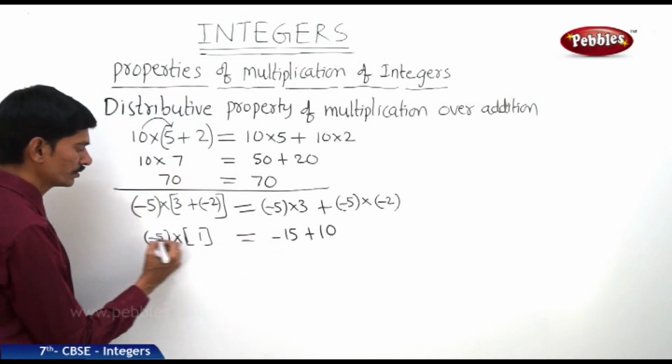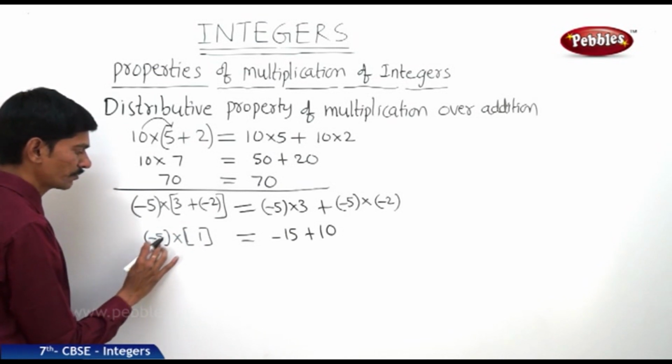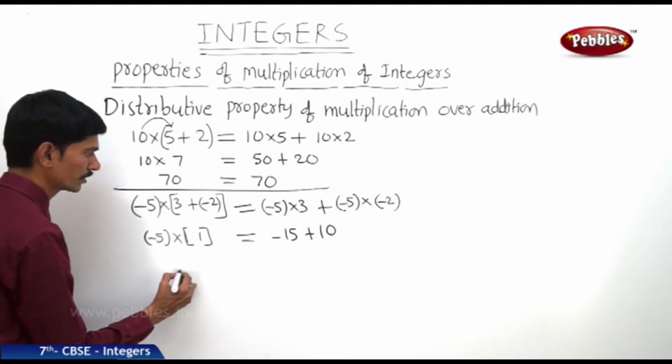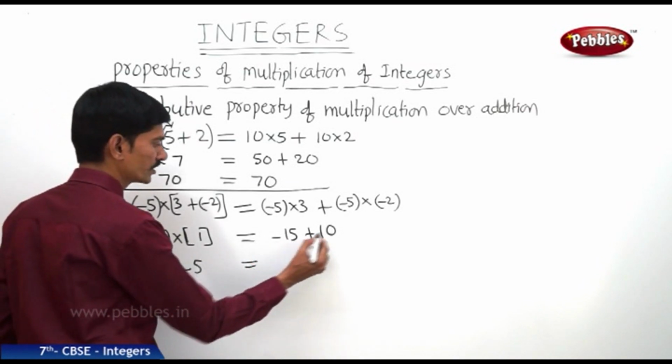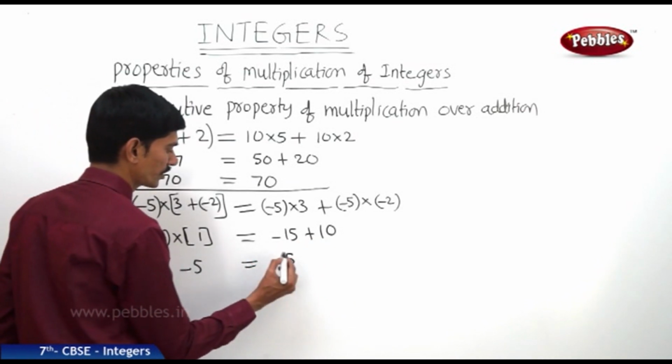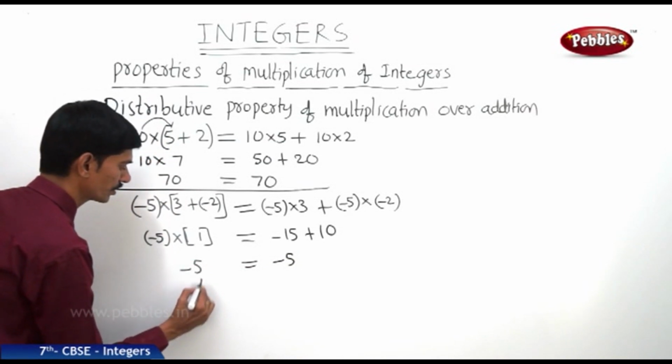Here -5 into 1, so -5 is multiplied by 1, then we get the product -5. So this equals to -15 plus 10 is -5. So here both LHS and RHS are equal.